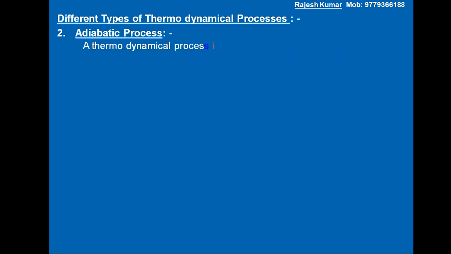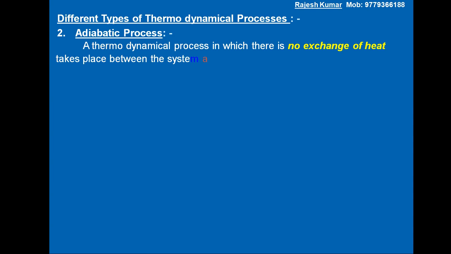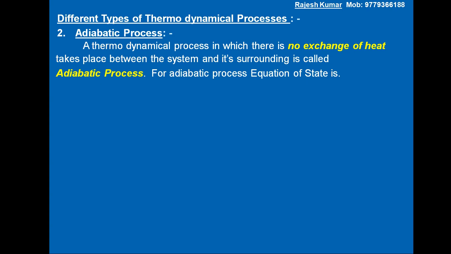Number 2, adiabatic process. A thermodynamical process in which no exchange of heat takes place between the system and its surrounding is called adiabatic process. For adiabatic process, the equation of state is PV to the power gamma equals constant.